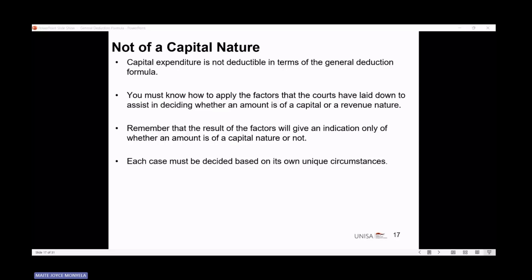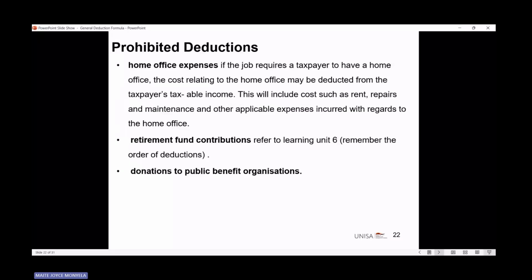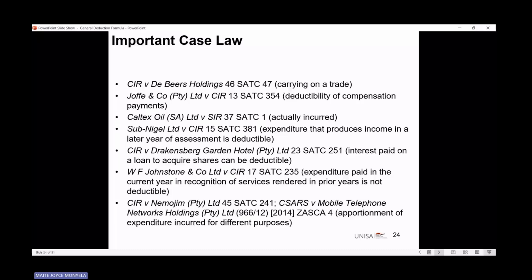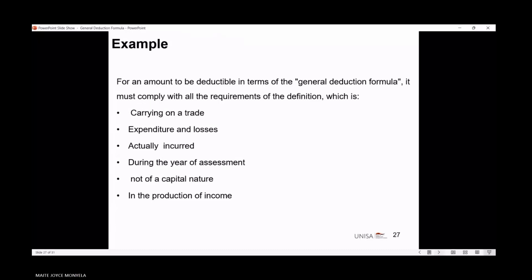Remember that the result of the factors will only give an indication of whether the amount is of capital nature or not. So let's go to the question to see whether it is of capital nature, and therefore not deductible, or of revenue nature, and therefore deductible. This is how we apply the requirement in terms of section 11A, not of capital nature.